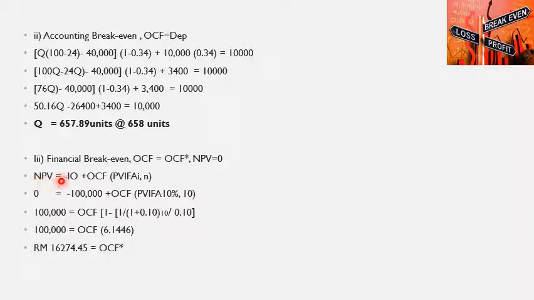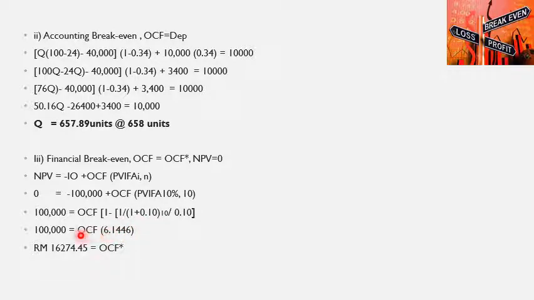NPV equals negative initial outlay plus OCF times PVIFA(i, n). We put in the interest rate of 10%, the required rate of return, and 10 years as the number of years of the project. When NPV equals 0, 100,000 equals OCF times PVIFA; this is the manual formula for PVIFA at 10%. We calculate the bracket and get 6.1446.